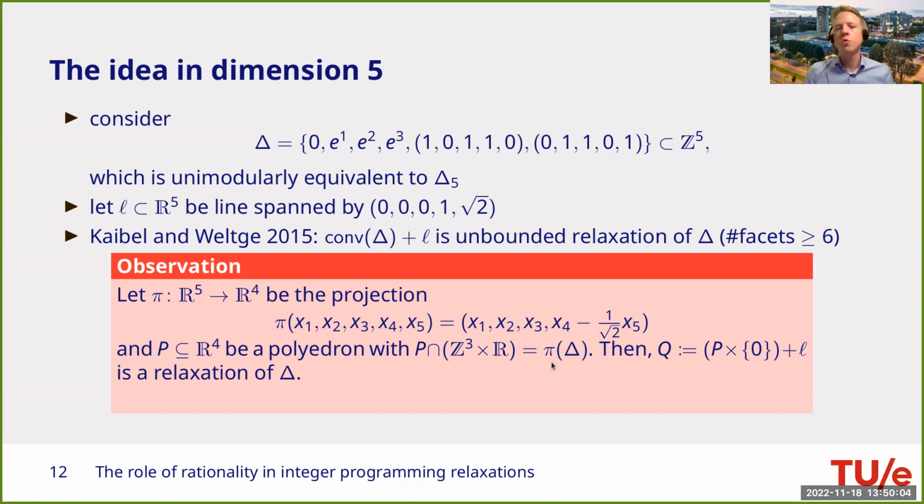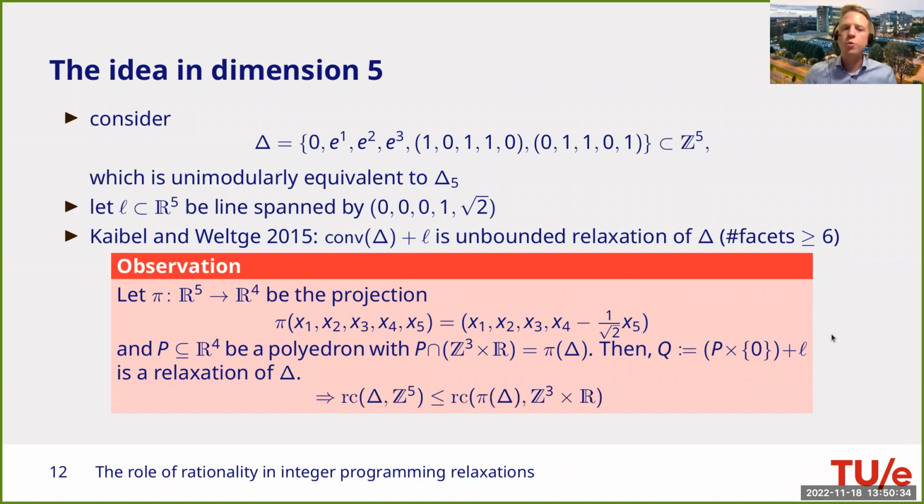And we can then show that by embedding this polyhedron in 5-dimensional space by assigning it a trivial height value of 0 and adding the irrational line again, we obtain a relaxation of the original set of 5-dimensional points delta. So we project the polyhedron to a lower dimensional space, we identify a relaxation in this lower dimensional space and lift this relaxation to the higher dimensional space to come up with a relaxation in the original space.